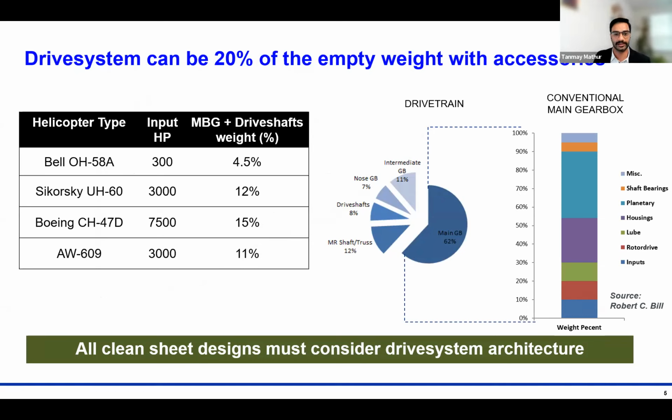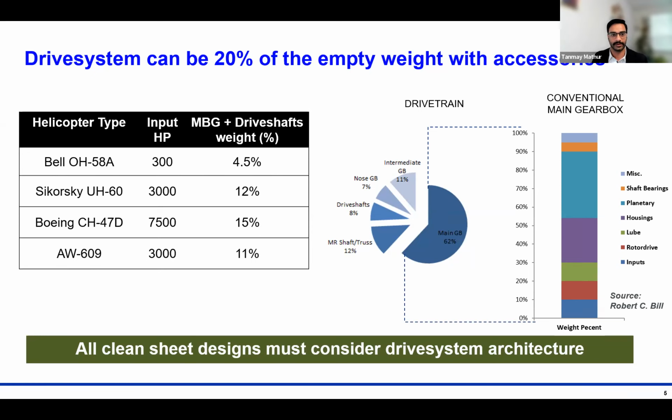The chart to the right here shows a further split of this gearbox weight. And what you would find is that out of the main gearbox, the bulkiest subassembly is usually the final reduction planetary gearbox that sees the highest torque levels.